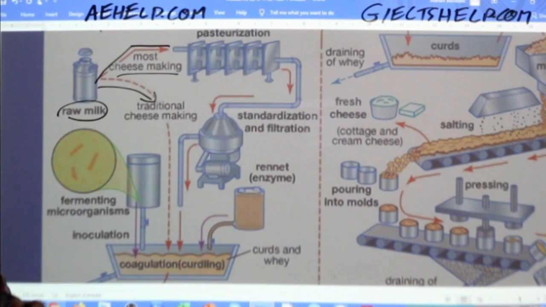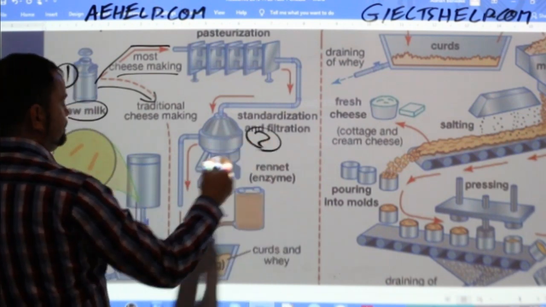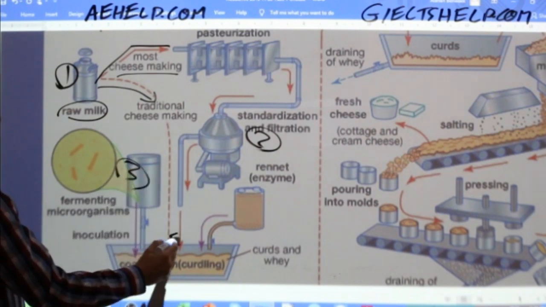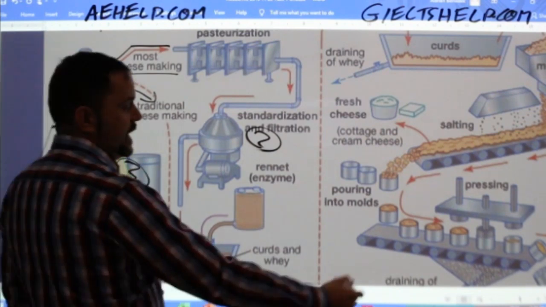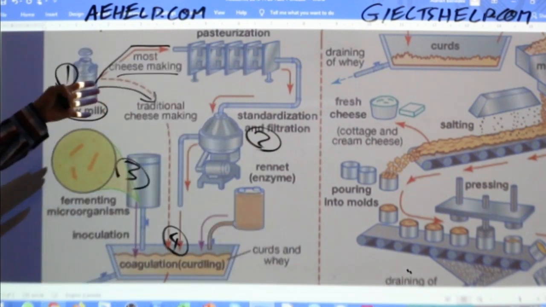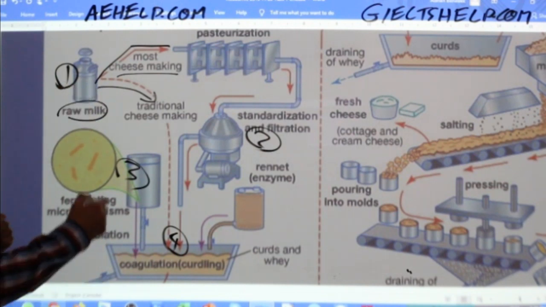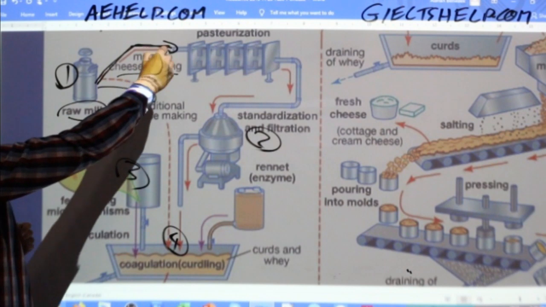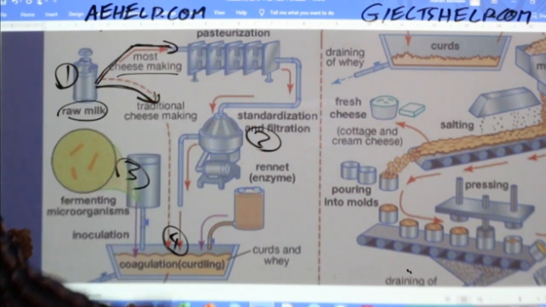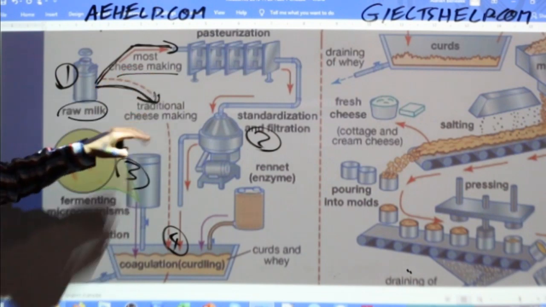So right away, in a process essay, your points are very clear because you start at the beginning, and then you go through the different steps all the way until you get to the end, of course. Now, sometimes in these diagrams, and you do see this on the IELTS exam, there's a divergence, okay? So you have an arrow going this way, and then you have arrow going this way. So you have most cheese making and traditional cheese making.